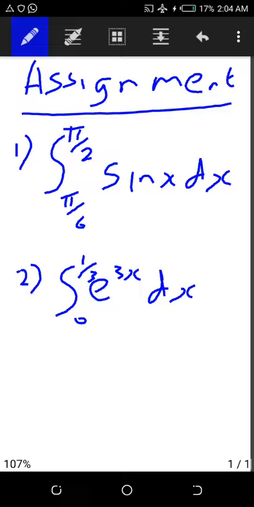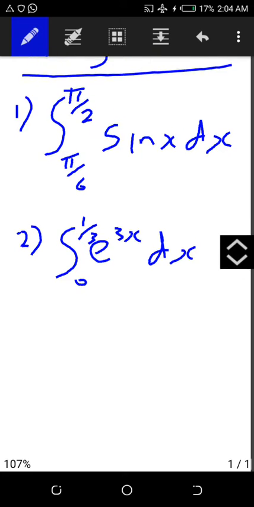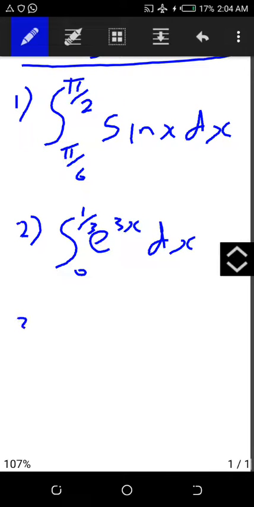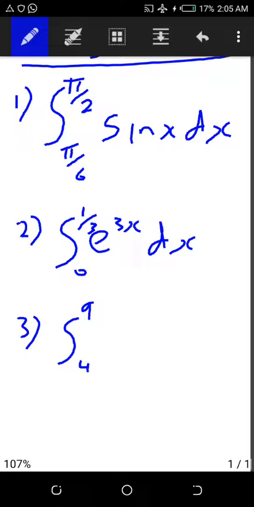Then another one that I want you to try out and see how that works out is this here. Evaluate for me the definite integral, 9 and 4, of square root of x with respect to x.